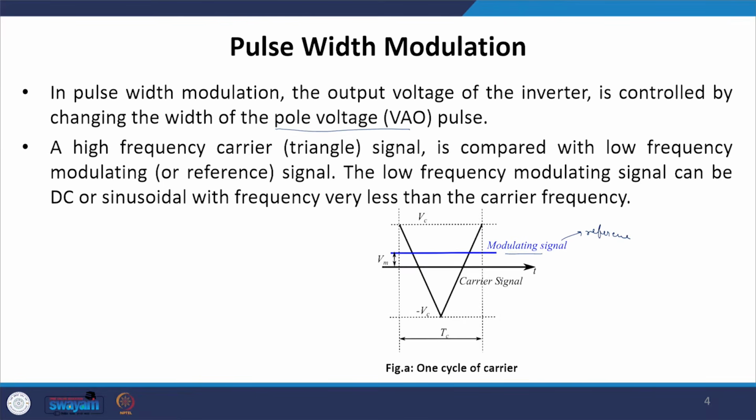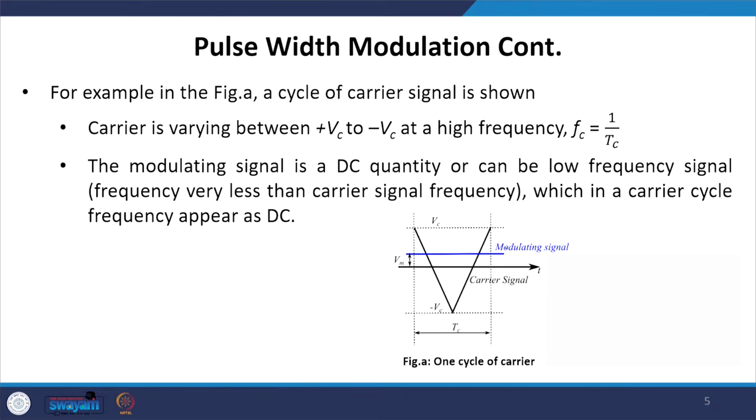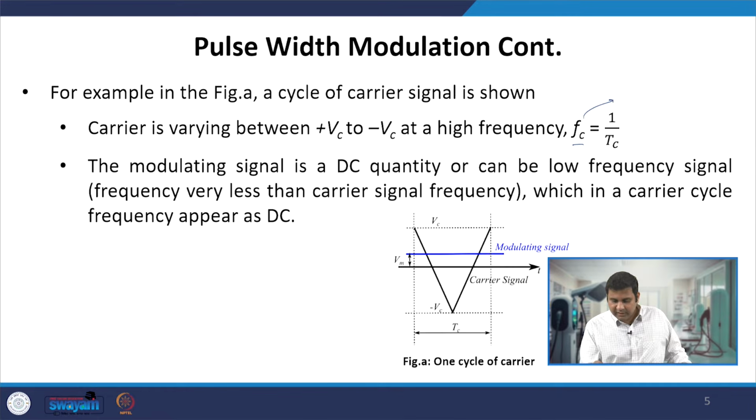So, let us see how this can be implemented. Here we have a carrier varying between Vc and minus Vc, with a time period Tc, which is given by 1 by Fc, where Fc is the carrier frequency. This frequency is very much greater than the modulating signal frequency.